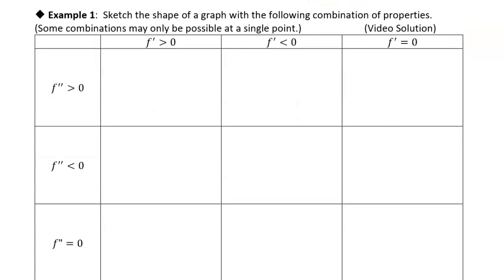But remember that when the derivative is positive, that means it's increasing. So f prime is positive, so this is an increasing function. If f prime is negative, it's decreasing. And if f prime is 0, that means it's neither increasing nor decreasing. We could just say that it's flat at that point. It's horizontal.